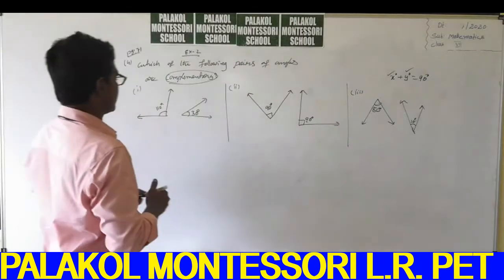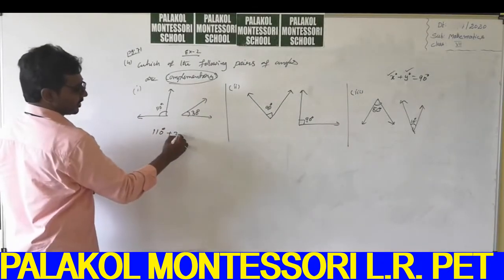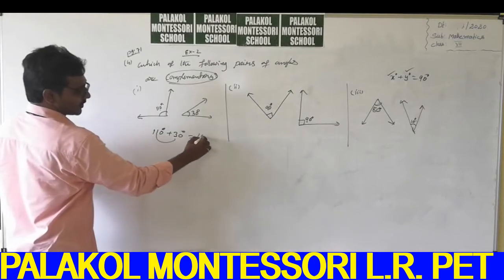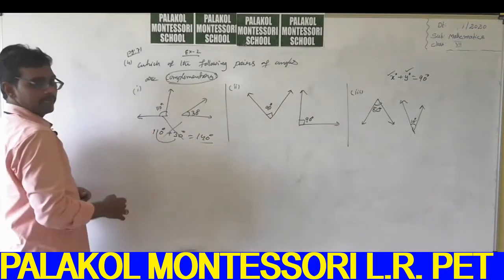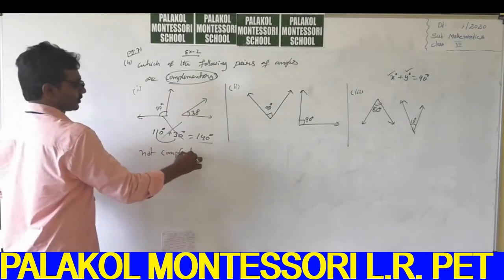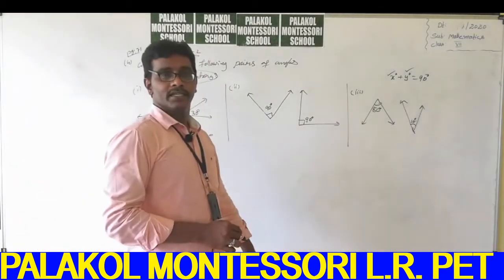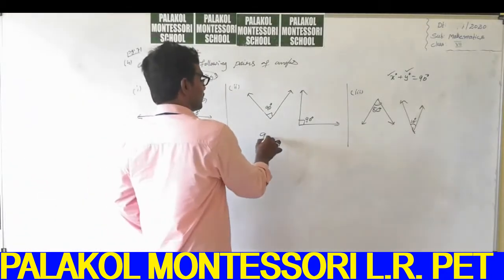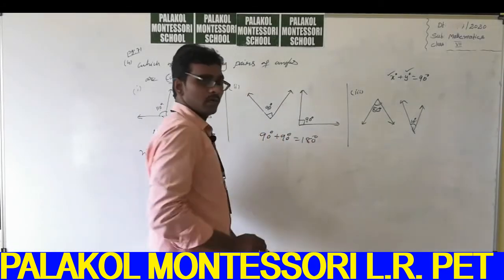See in the first picture, this is 110, this is 30. Sum of two angles gets 140. It's not complementary. Next one, 90 plus 90. Sum of the two angles, 90 degrees plus 90 degrees is equal to 180 degrees. What is the definition?